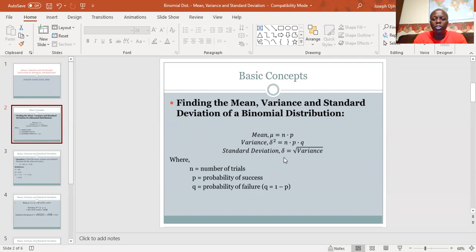And for the standard deviation, we use it as always. The standard deviation is always the square root of the variance, where n is the number of trials, p is the probability of success, and q is the probability of failure, which we always get by doing 1 minus p.